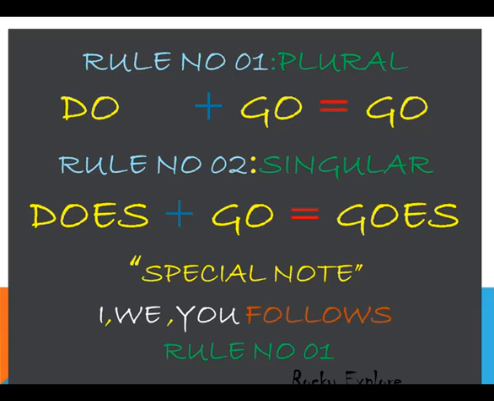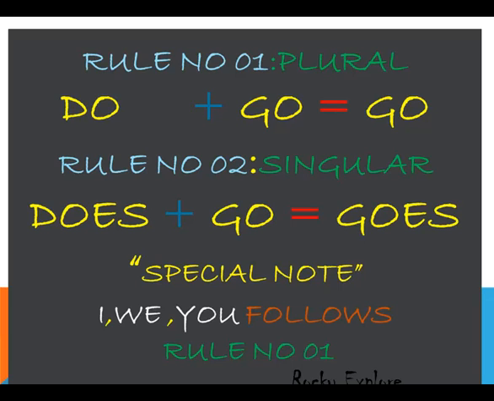Rule number 2: commonly used with singular things. Other than that, there are exceptions, and also a note, which can be discussed in a later part of this lesson. The rule number 2 is does plus verb makes the verb with es at the end. So this is the example: does plus go, goes. The special note we are going to focus on is if the subject or the noun is I or we or you, it always follows rule number 1.